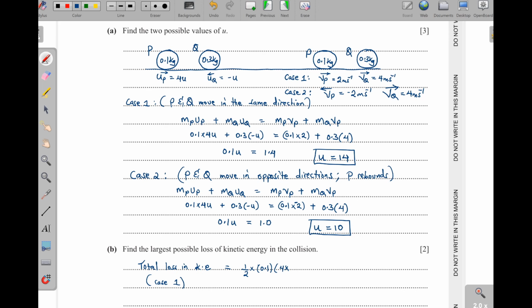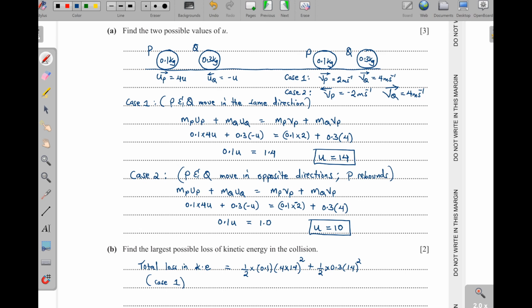So 4 times 14, the 14 we got here, right? But then we shall square that. Then plus the kinetic energy for Q is going to be a half times the mass 0.3, and then its initial speed is 14, then squared.